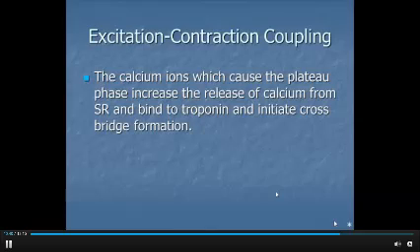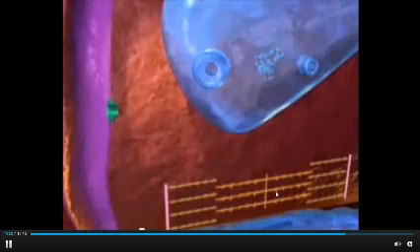So again, we are heavily relying on the calcium that enters the cell during plateau for the cell to start contracting.